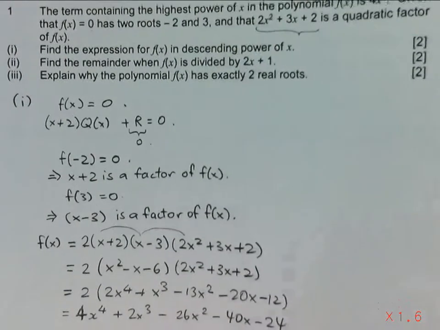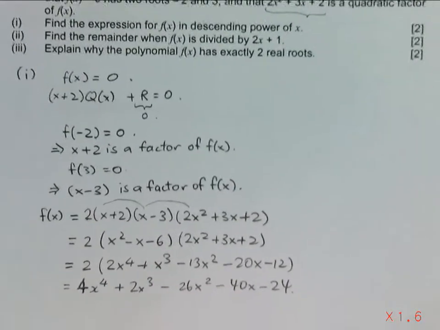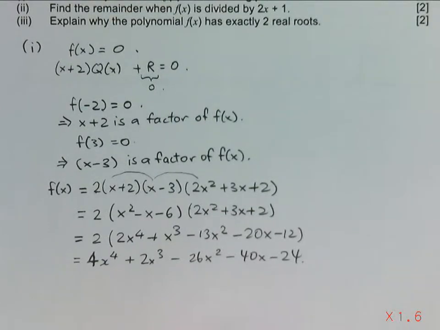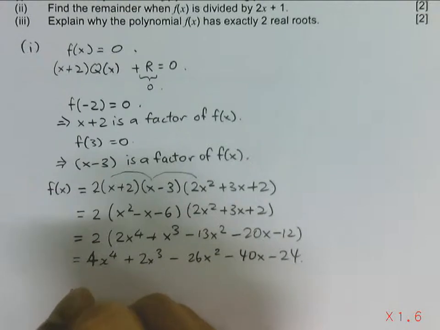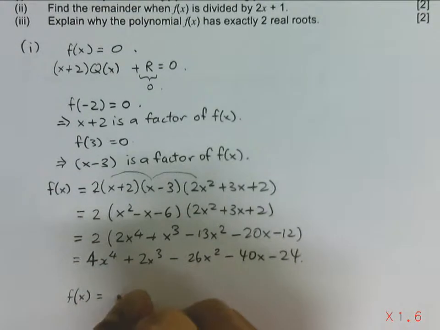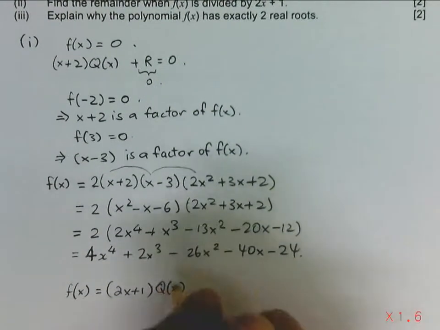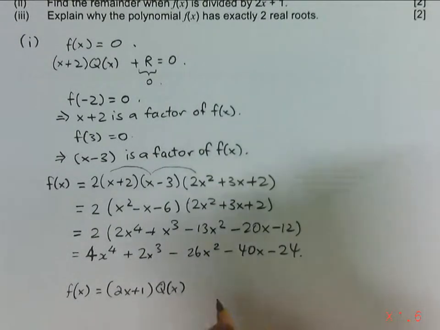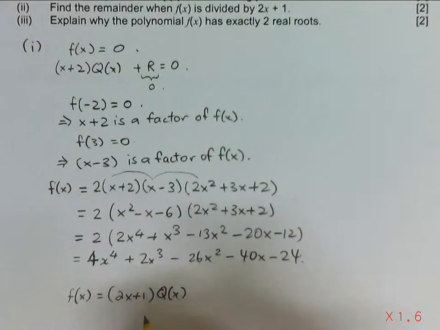Part 2, we have to find the remainder when f(x) is divided by 2x plus 1. So using the remainder theorem, remainder theorem states that if we would like to find out the remainder when f(x) is divided by 2x plus 1, we can use 2x plus 1 as the divisor.